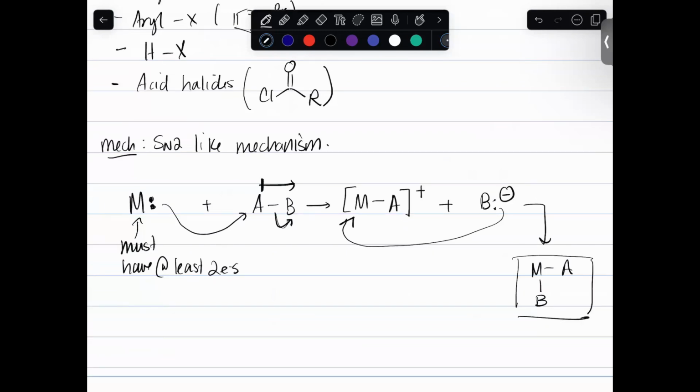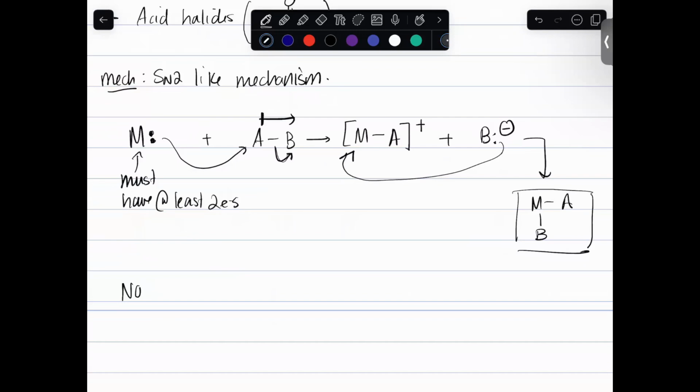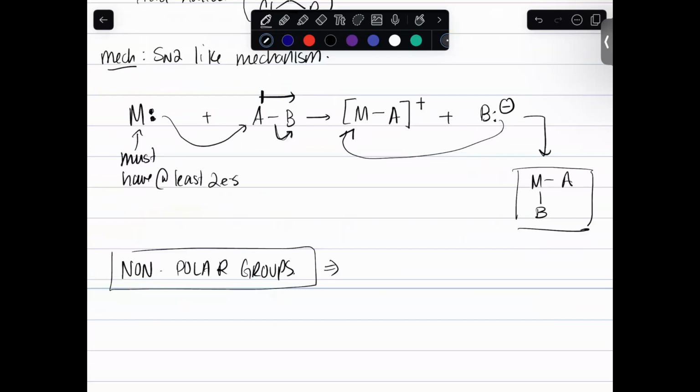Now, with nonpolar groups, the mechanism is slightly different. So let's talk about nonpolar groups. With nonpolar groups, oxidative addition is super hard.